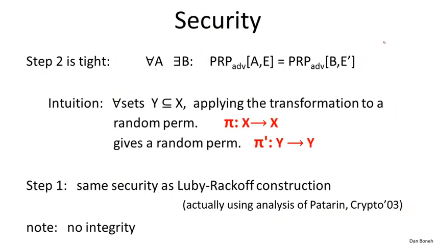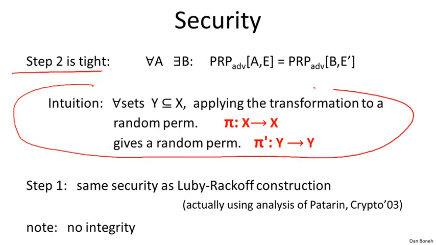So now when we talk about security, it turns out this step here is tight. In other words, there is really no additional security cost to going down from 2 to the t to 0 to s minus 1. The reason that's true is a very cute theorem to prove, which I won't do here, or maybe I'll leave it as an exercise for you.